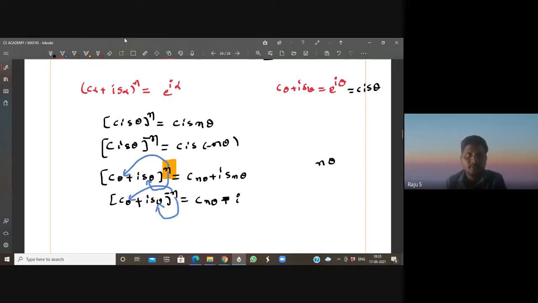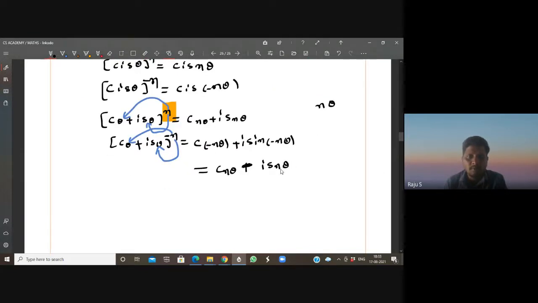Right, students? So here cos of minus n theta plus iota times sine of minus n theta. So cos of minus n theta is nothing but cos n theta, plus sine of minus n theta means minus i sine n theta.